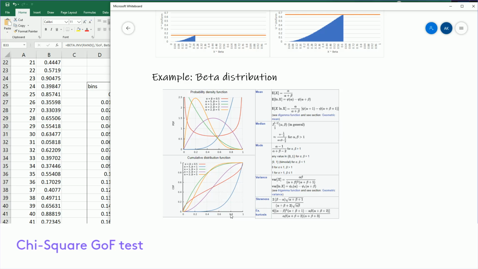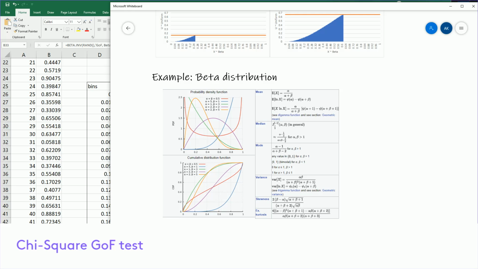So for instance, at 0.8, your CDF tells you the probability that a beta distributed number with these parameters will be less than or equal to 0.8. And just by construction, it is always monotonically increasing. So there's a one-to-one relationship, which gives us an interesting observation.